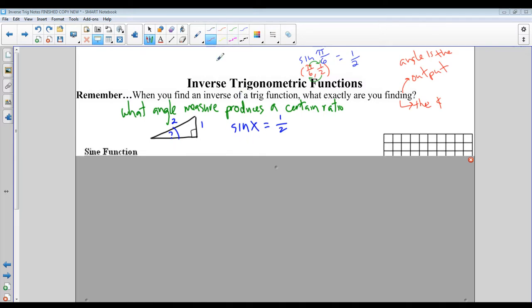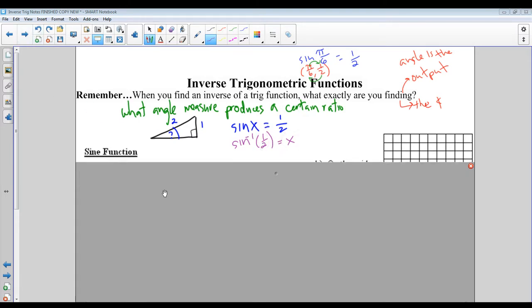We have done some work with this earlier in the year. This inverse function looks like this: the inverse sine of 1/2 produces our unknown angle. So the angle is the output and the ratio is the input. And that's what we're going to work on tonight.